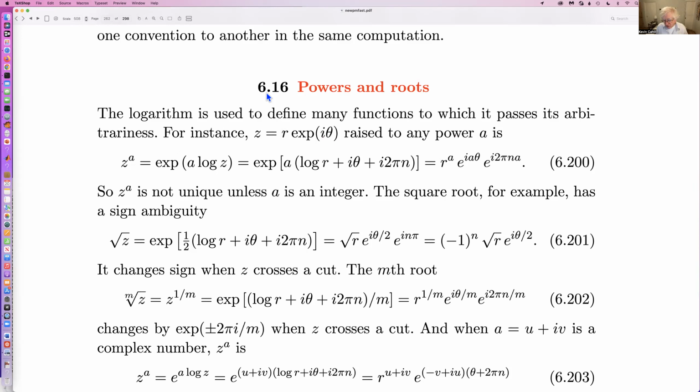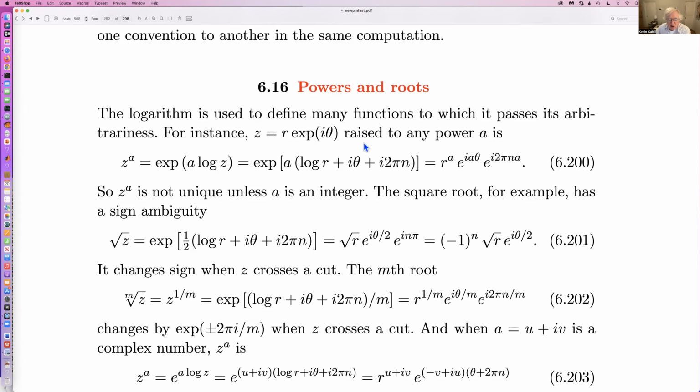And the arbitrariness of the logarithm gets transferred down the line and makes a vast array of mathematical functions somewhat ambiguous or undefined. So, for example, if we take here z is r e to the I theta, and we raise it to a power a, what do we get? Well, z to the a is e to the a log z.